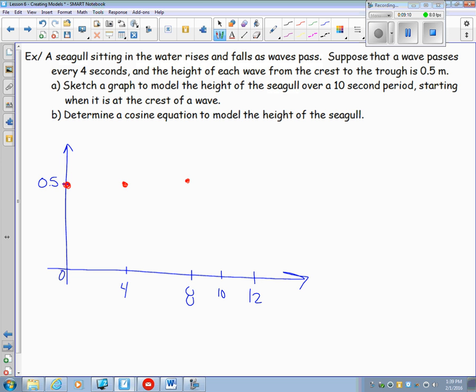Well, at the halfway point, it should be at the minimum. So based on that, I can draw, oops, that's a little messy there, but it's okay. My curve. Okay, this would be my height, and this would be my time.